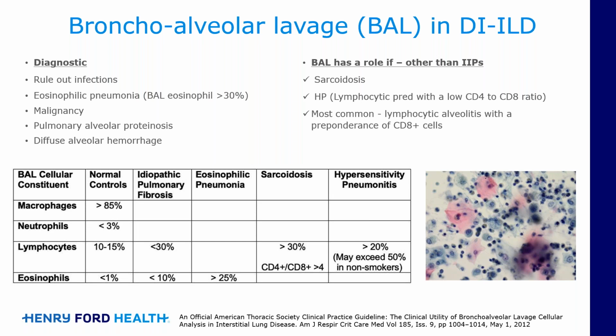So BAL helps. The picture on the right is basically a BAL cytology showing intracytoplasmic phospholipid accumulation. This has been more commonly described in amiodarone toxicity, but that is another one that we can think of, which can sometimes help with BAL cytology.